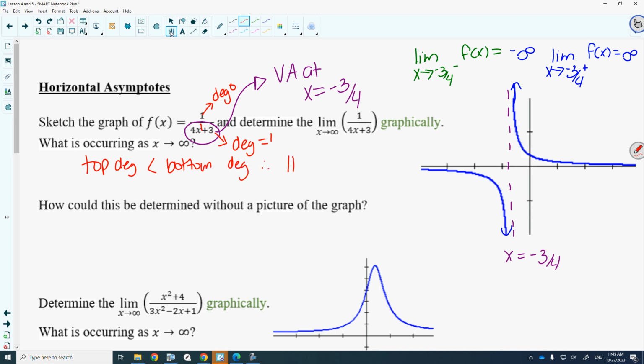Therefore, there's an HA at y. Do you guys remember what the HA is if top is less than bottom? Yes, y is equal to 0. So right here, there's a horizontal asymptote at y is equal to 0.